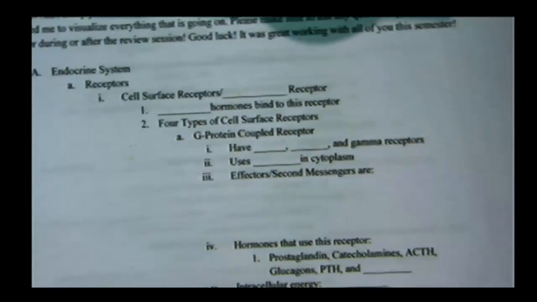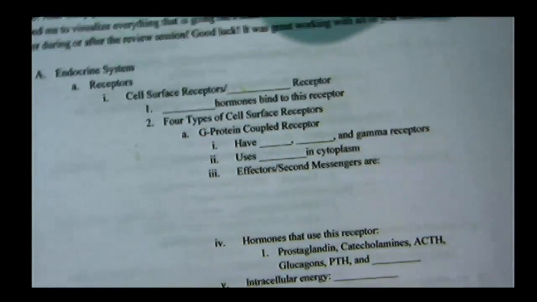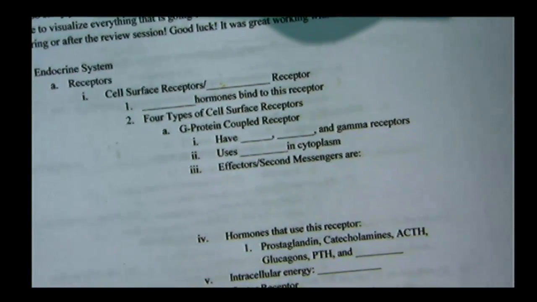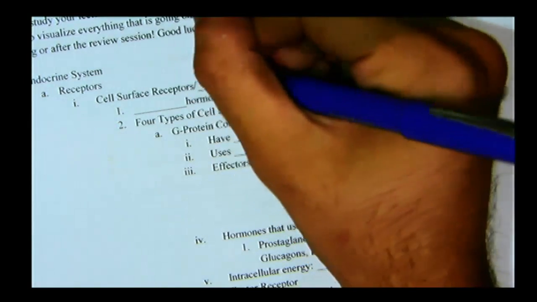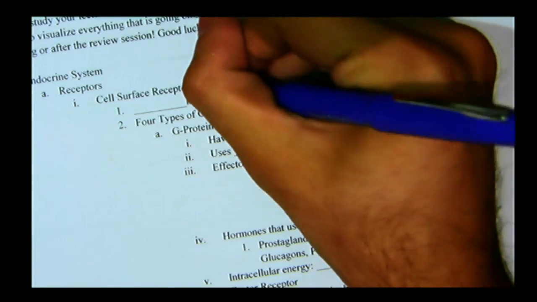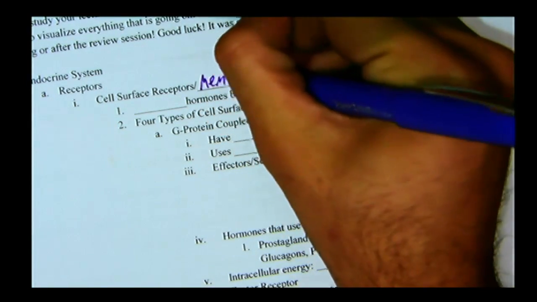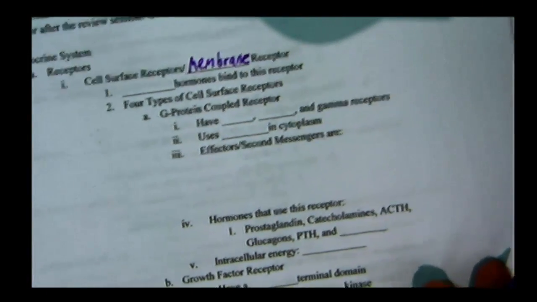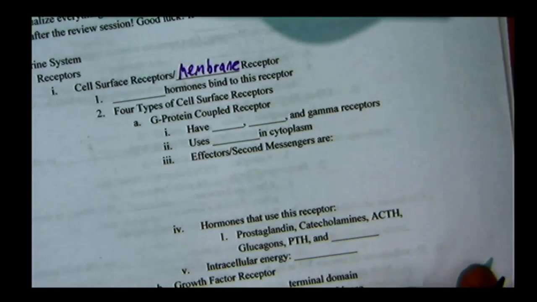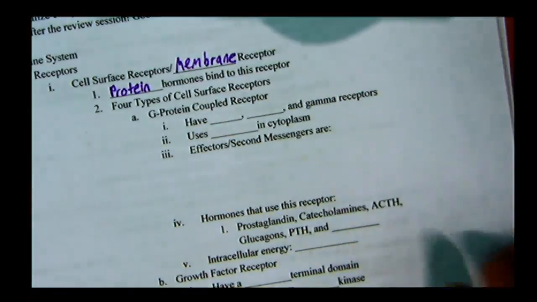So endocrine system, receptors. What's another name for cell surface receptors? Membrane receptors, awesome. What type of hormones bind to cell surface receptors? Protein. There's 4 types of cell surface receptors.